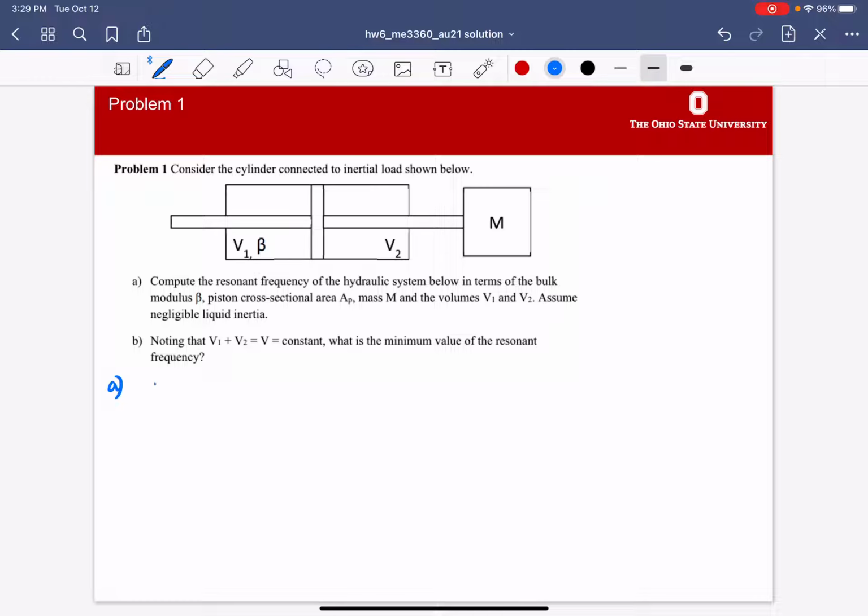If we simplify this a little bit further, delta V in this case would be negative Ap times delta x, so that's the change in volume, divided by PL. Ap here is the cross-sectional area of the piston head, as it has been given. So rearranging this gives us a formula that looks something like that.